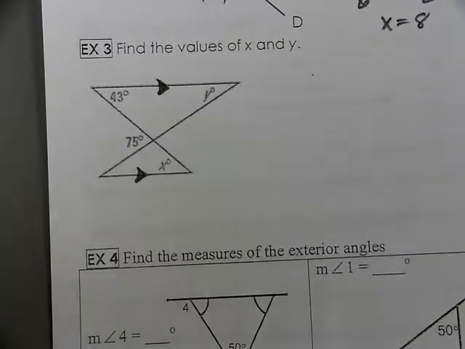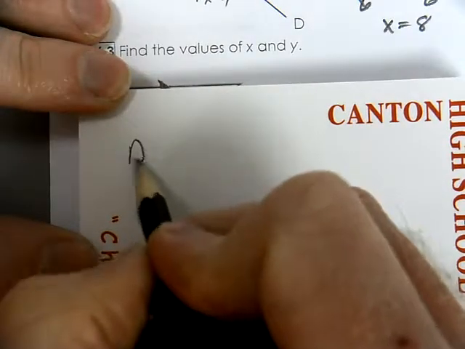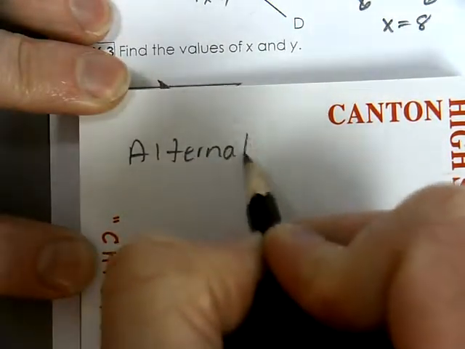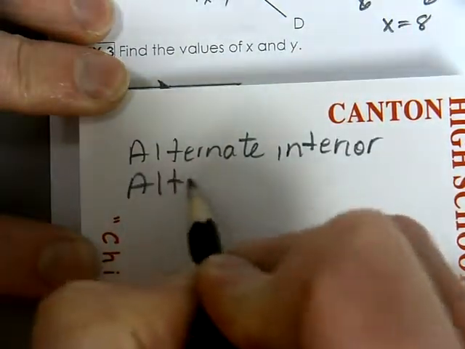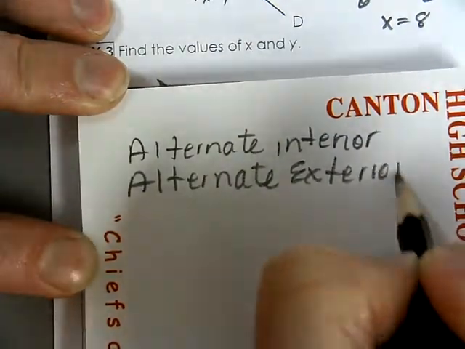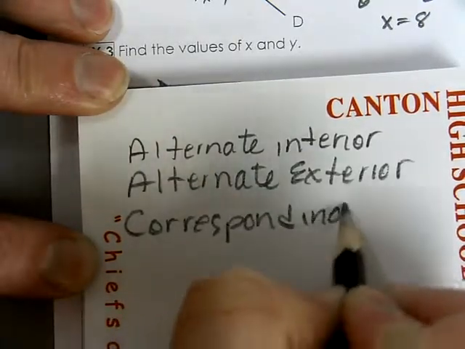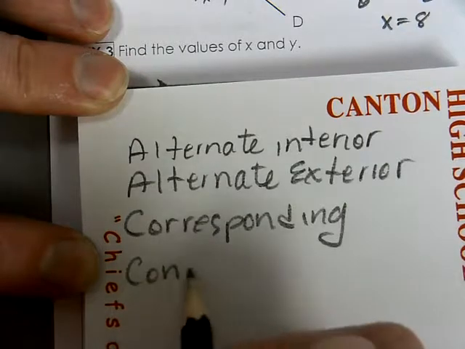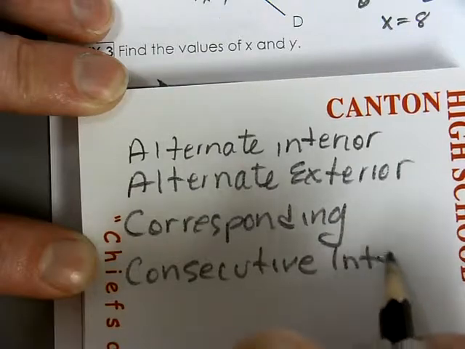And if they're parallel, we should think of 4 different things: alternate interior angles, alternate exterior angles, corresponding angles, and consecutive interior angles.